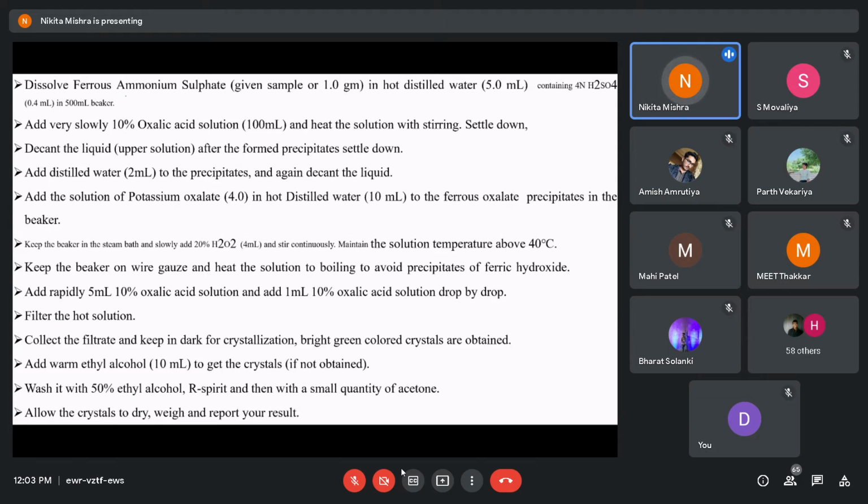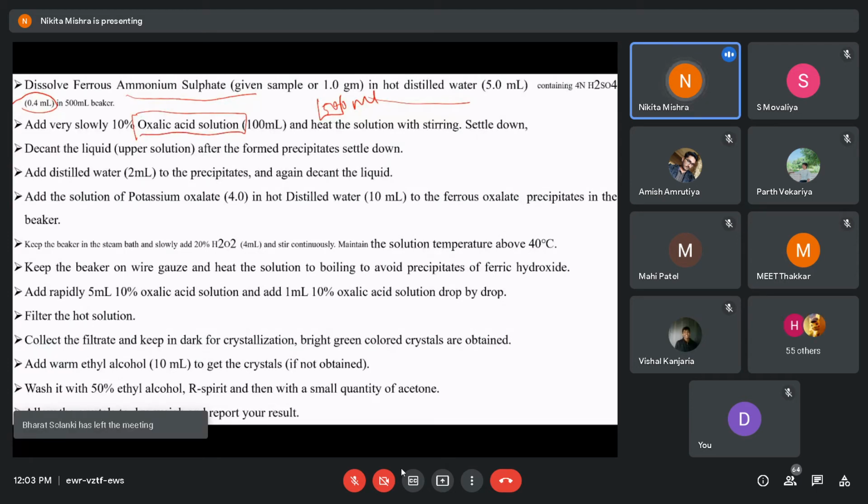First we take ferrous ammonium sulfate in hot distilled water containing 4 normal H2SO4, that is 0.4 ml of H2SO4, in a 500 ml beaker. Then we add 100 ml of 10% oxalic acid solution and heat the solution with continuous stirring.